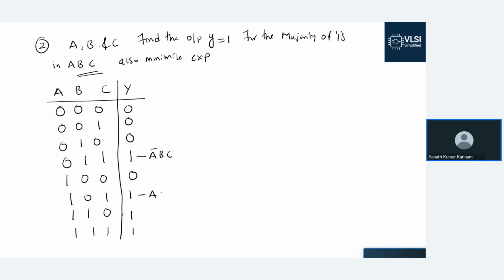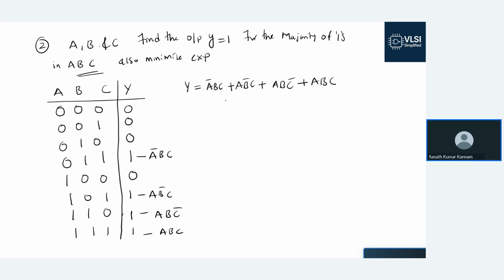This is A B bar C. This is A B C bar, and this is A B C. So the expression is Y equals A bar BC or A B bar C or A B C bar or A B C. So what can I do? From these two, what can you take common?